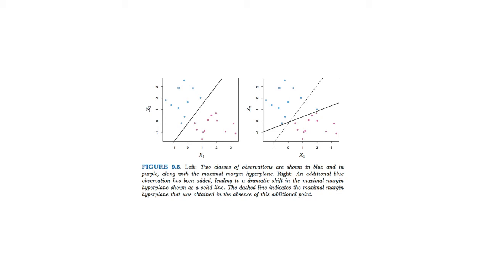It's still separable, but it's so different, just because of one observation. The observations far away from the boundary don't seem to make any difference at all, if they're correctly classified. But points near the boundary can have a huge influence on the maximal margin classifier.